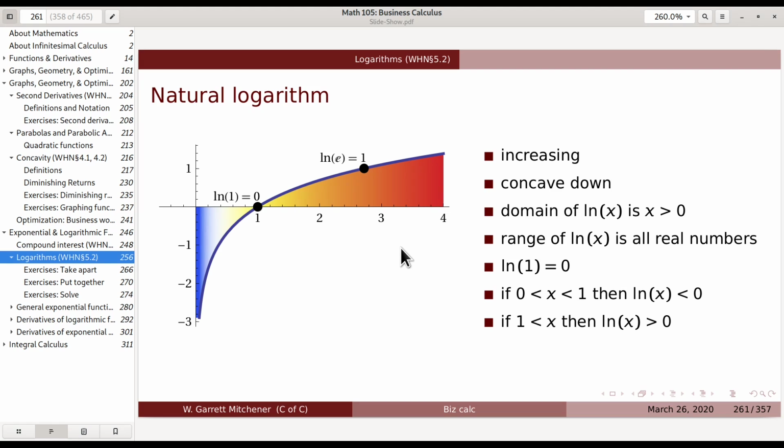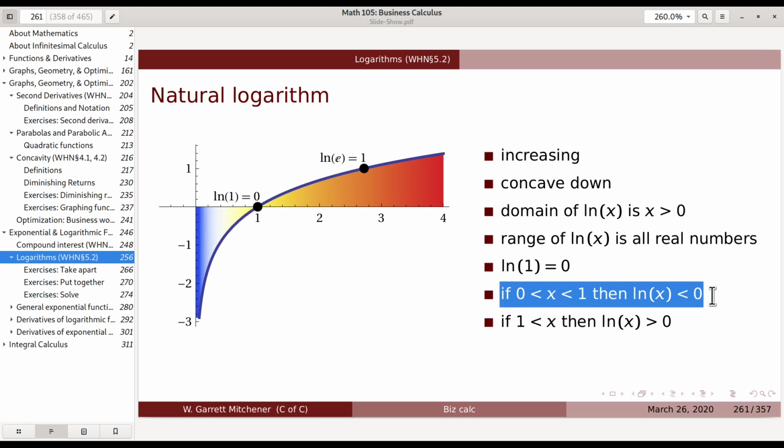Now, a couple of things to notice. Since ln of 1 is 0, and the graph passes through this point, and because the natural logarithm is an increasing function, all of the y values for x's between 0 and 1 give y values that are negative. So in other words, if x is between 0 and 1, then the logarithm of x is negative.